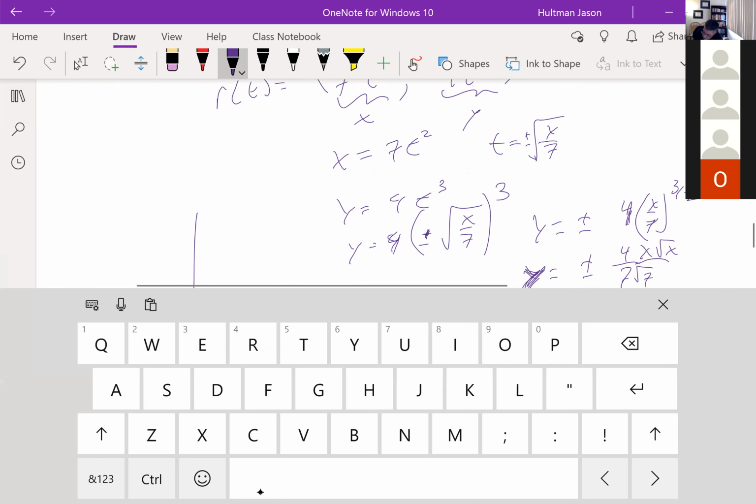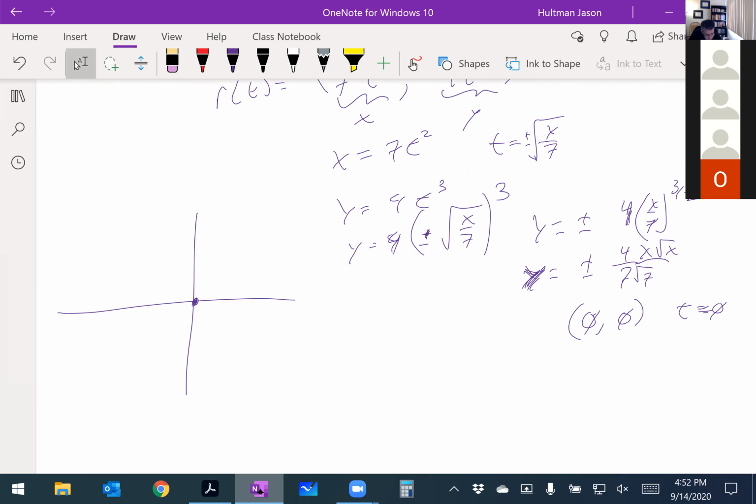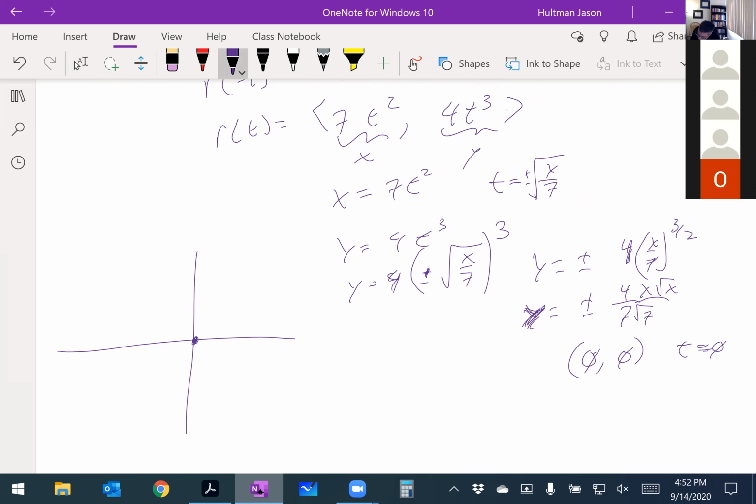So what about when t is 1? Where are we at when t is 1? We're at 7, 4, right? When t is 1.